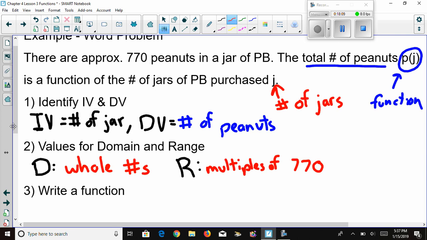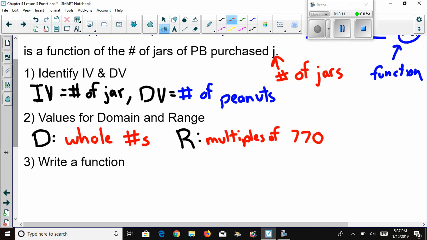Now, in terms of writing the function, they told us that the function written as P of j, what we need to say is, what is it equal to? Well, we've already described it when we talk about the range.